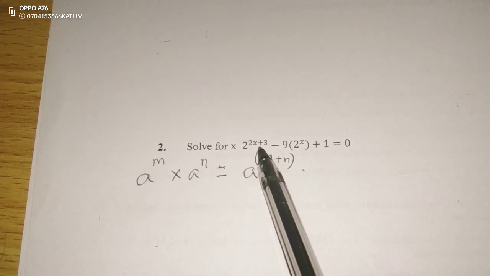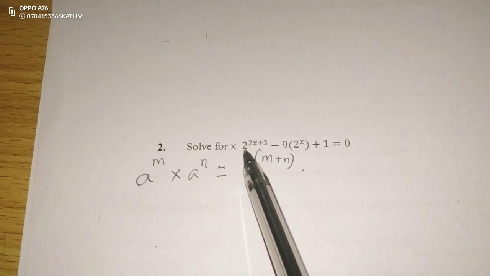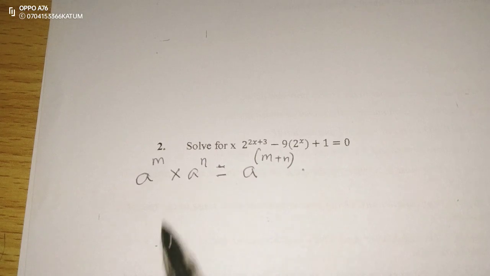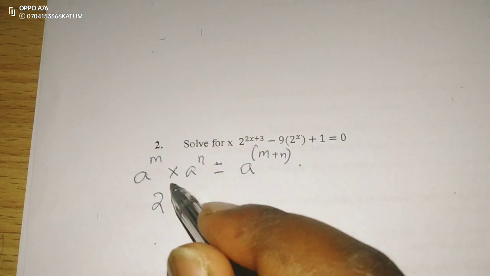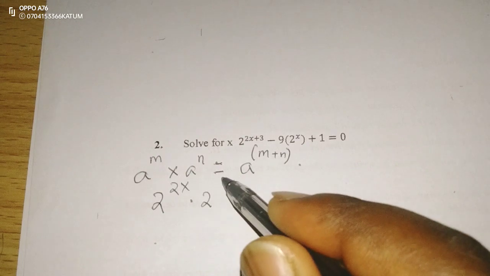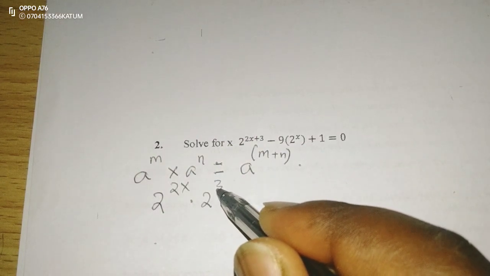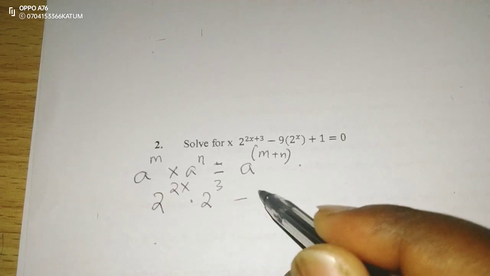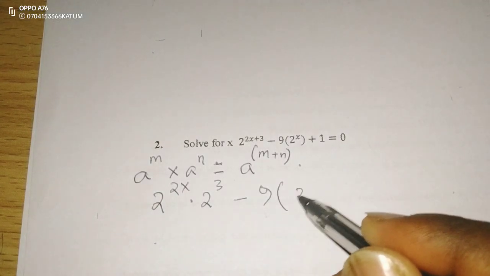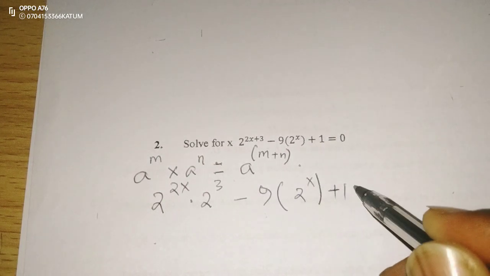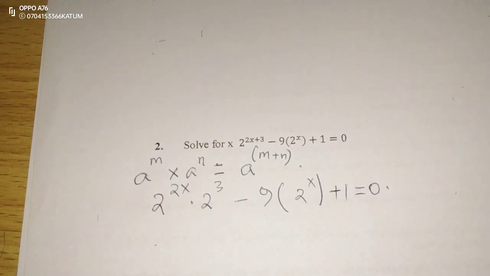So we shall split the power and say it's like we had 2 raised to 2x, then multiplied by 2 raised to 3. So we have 2 raised to 2x multiplied by 2 raised to 3, so that we have 2 raised to the addition of 2x and 3. Then minus 9, 2 raised to x plus 1 being equal to 0.